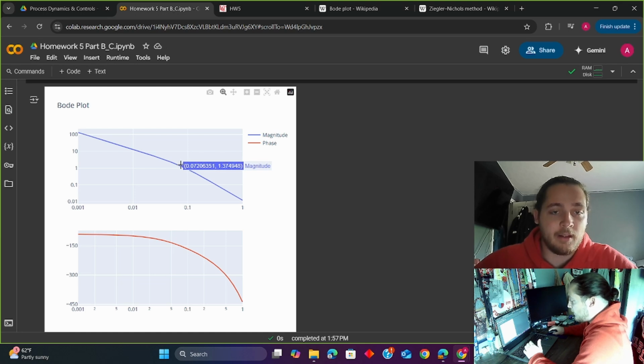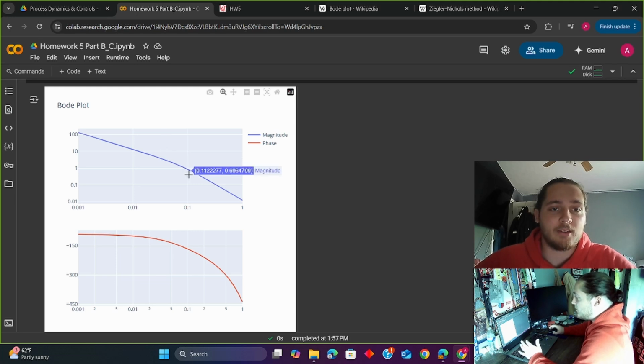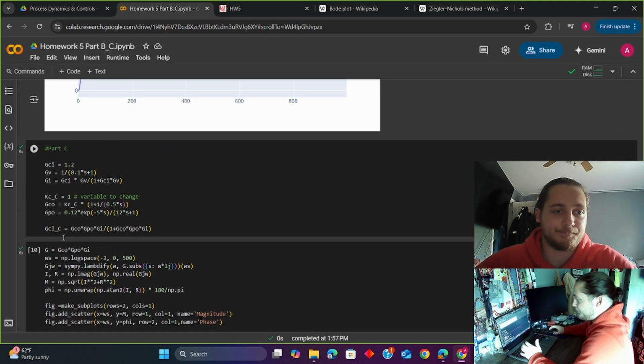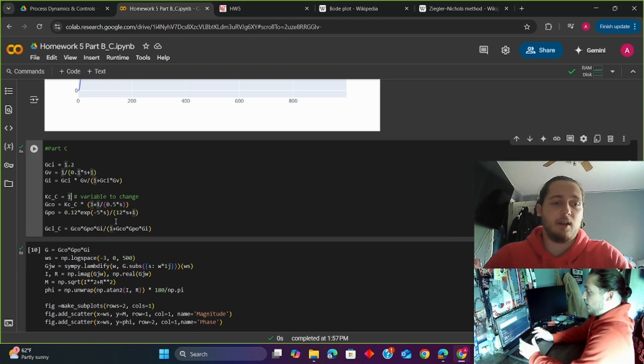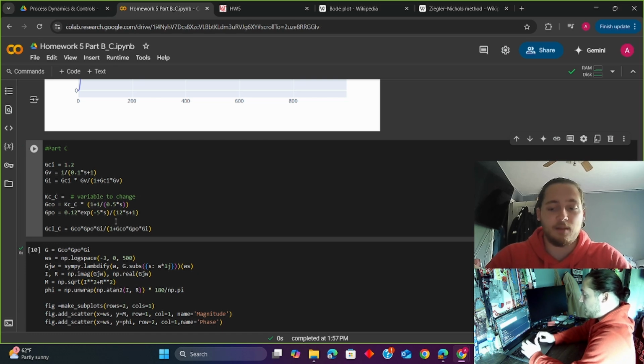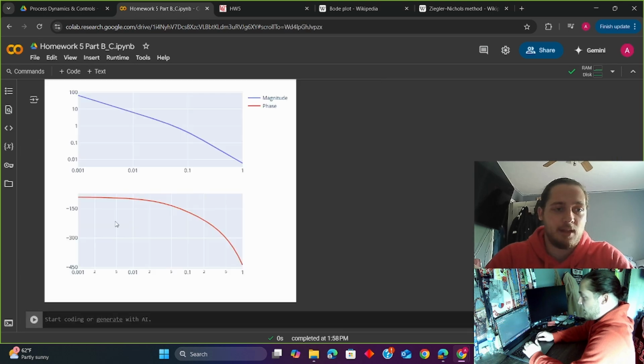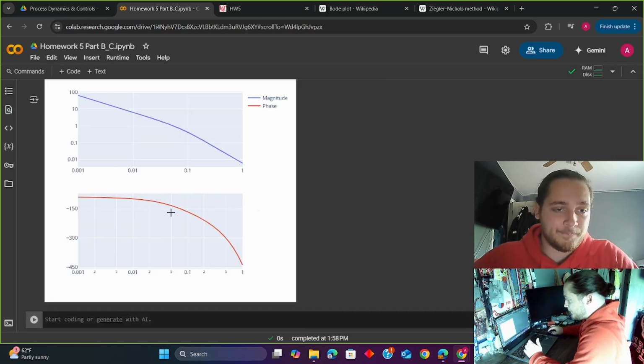So it's right around here, and we have a magnitude of 1.37. So we know that that is above 1 and we are slightly too high. So our next step is going to be to change what our KC value is for our outer loop. And since we are too high, we need to go ahead and lower this. So we can cut it in half to 0.5 and then shift enter through.